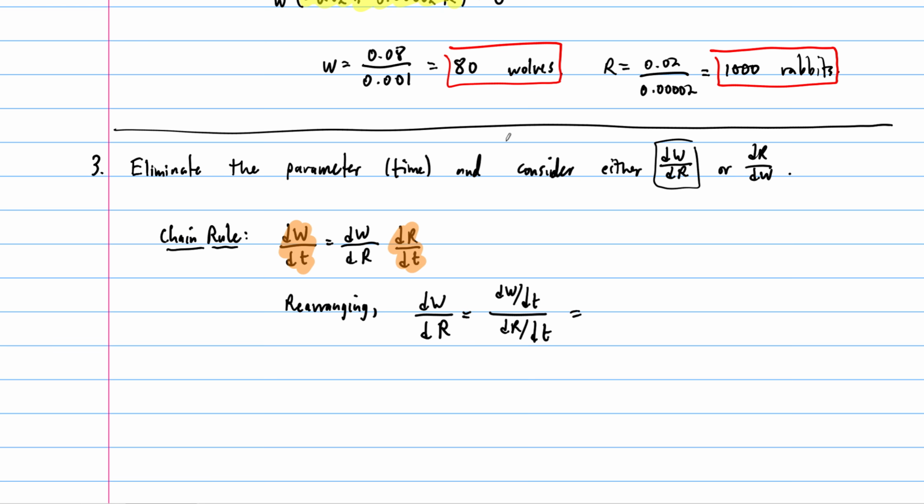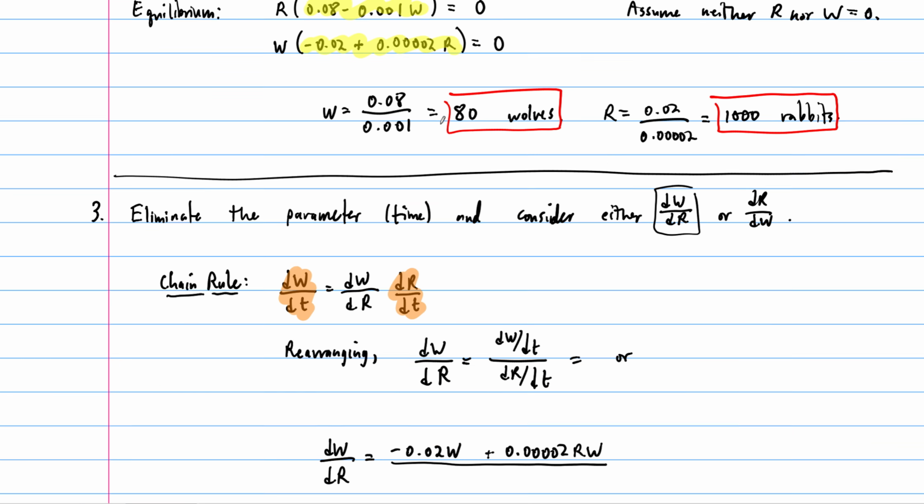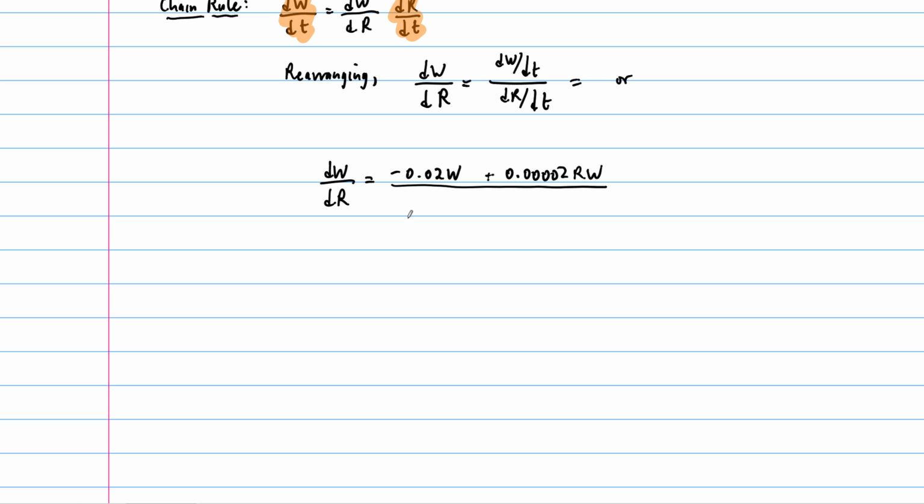So our differential equation would become, for dW by dr, let's rewrite the whole thing so we can get a nice look at it. dW by dr, the rate of change of the wolf population with respect to the change in the rabbit population, becomes negative 0.02 times W plus 0.00002 times R times W. Again, I'm just copying down the example problem where we had the numbers in there, because then we'll talk about what we can do with such a differential equation.